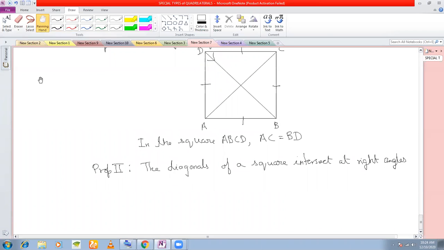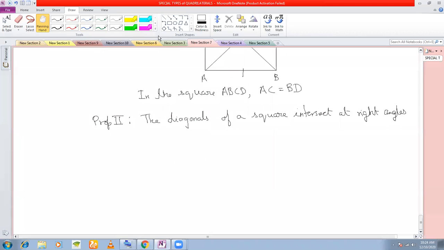Now, if you remember your rhombus, this property is very similar to your rhombus property, where diagonals were perpendicular bisectors of each other.